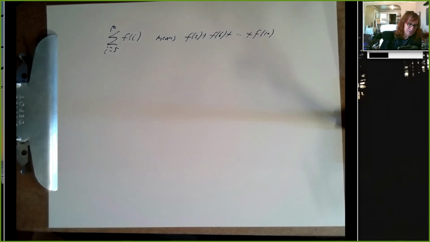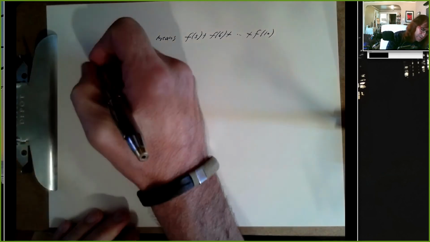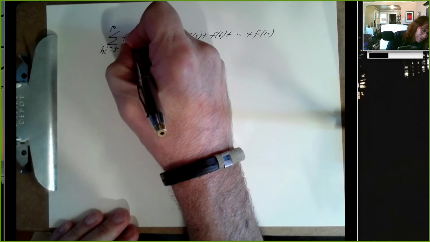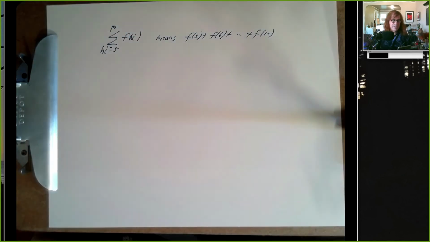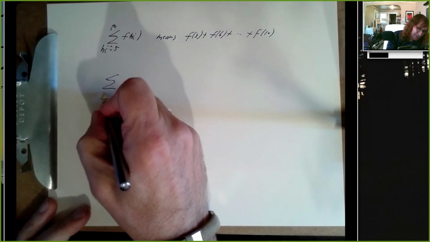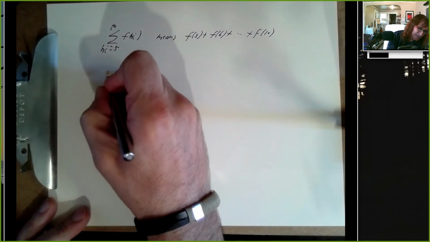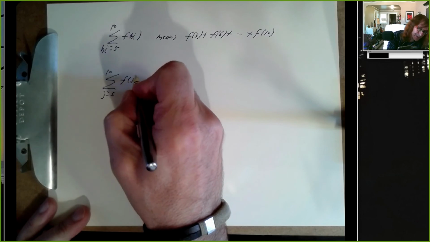And one thing to note, just like in for loops, this variable in the summation symbol is kind of irrelevant, right? I could sum from hi equals 5 to 10 of f of hi, right? Or more likely in a mathematical context, sum from j equals 5 to 10 of f of j.